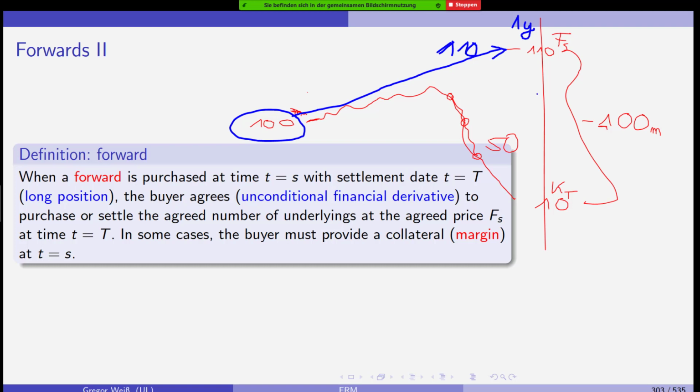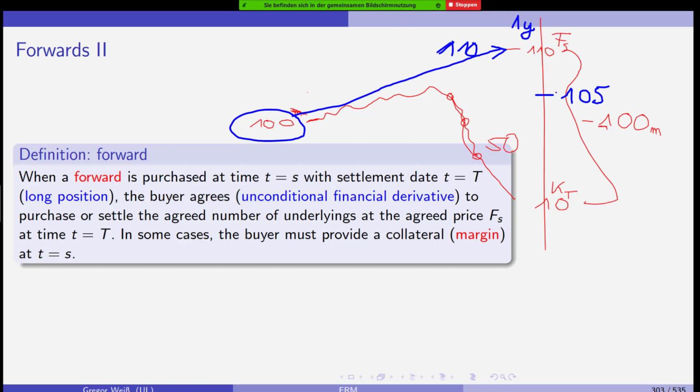If, however, assume that the forward price is 105, then we can buy the future. Obviously, you can construct an arbitrage from this.